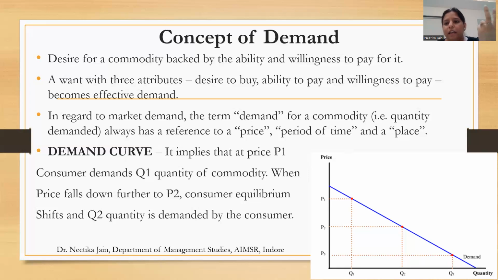Demand is again seen individually and in the market. When we sum up the demand of all the consumers together for a single product, it is known as market demand. Market demand does not sum up the total number of products. Market demand for an individual product gets added up for all the consumers.